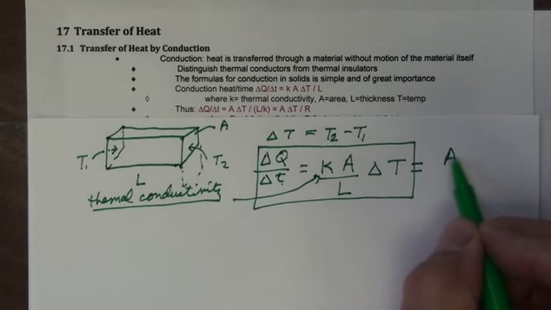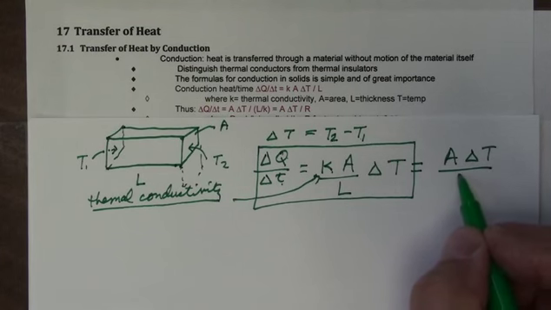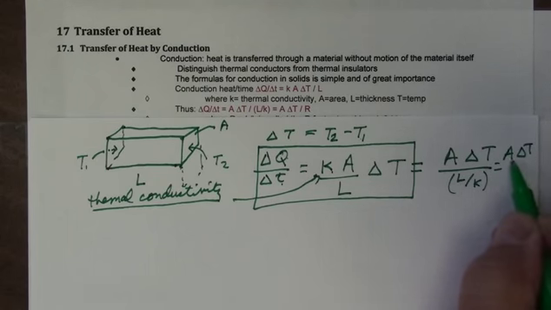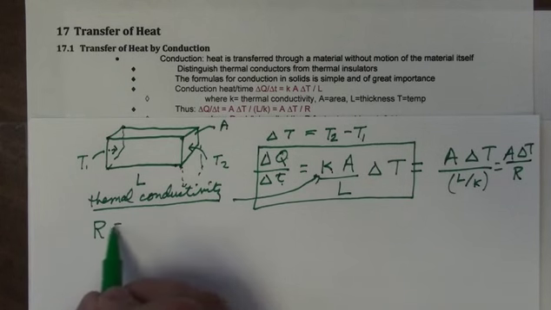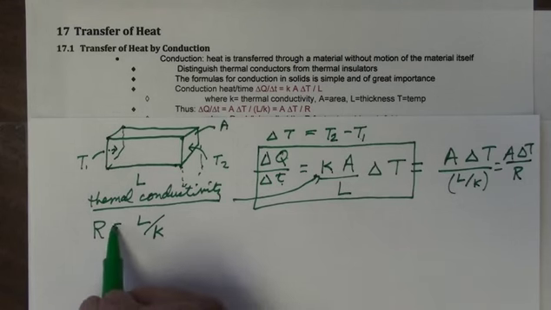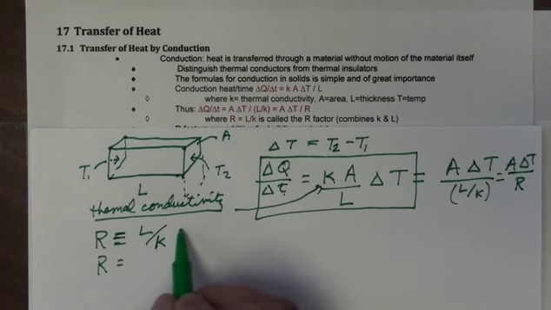We get the area times delta T divided by L over K. And that is A delta T divided by a new term called R, where R equals, by definition, the length of the substance divided by its thermal conductivity. That's a definition. And this is called the R factor.